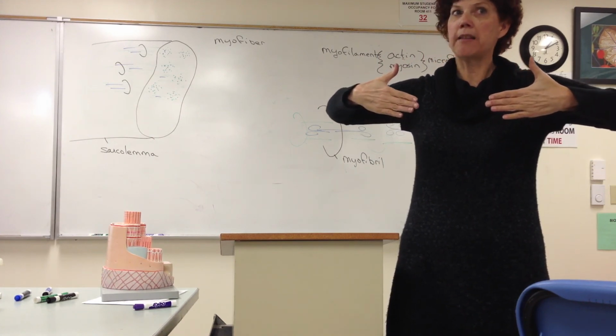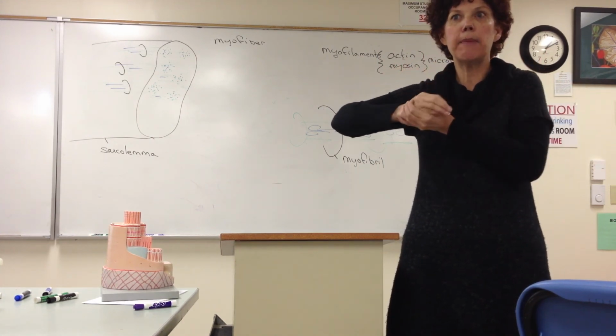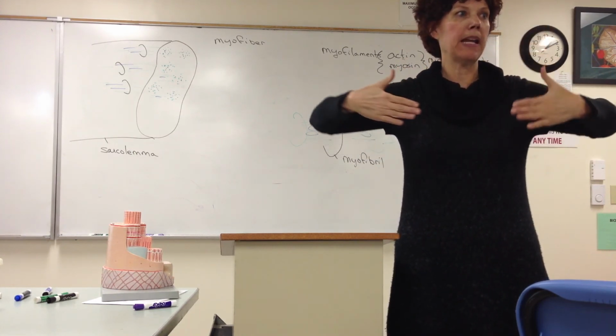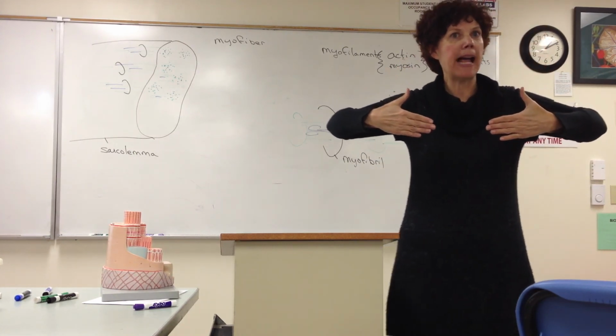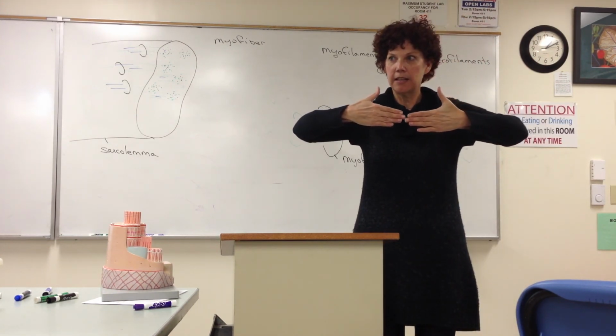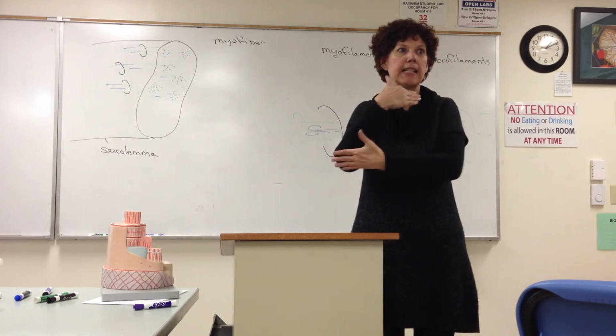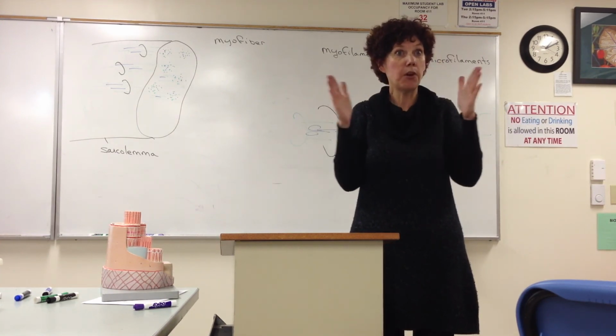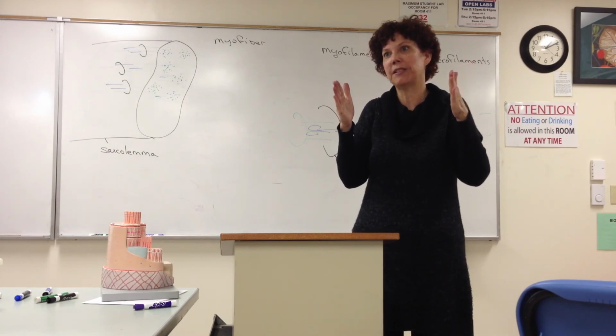Okay? So now the myosin, that invisible myosin, is grabbing onto the actin and pulling it inward. So look at the distance between my elbows. And now when the myosin grabs onto the actin and pulls it together, the two edges move together, what happens to the distance between my elbows? It gets less. It gets shorter. And that's how a muscle shortens.